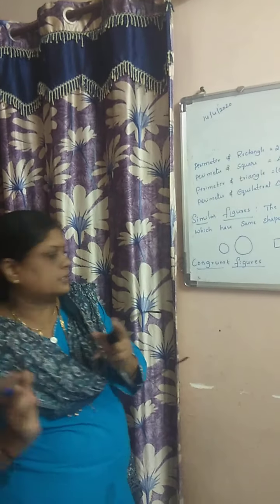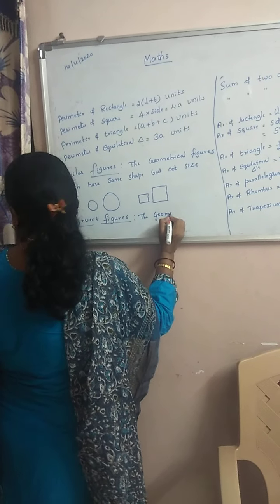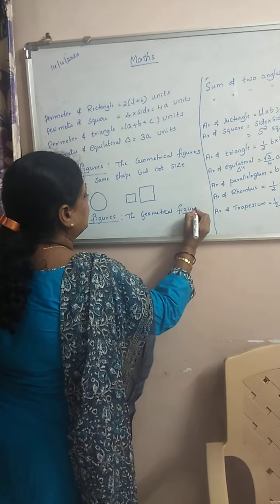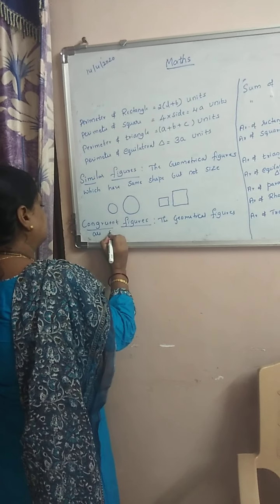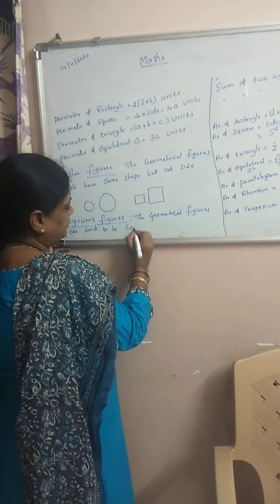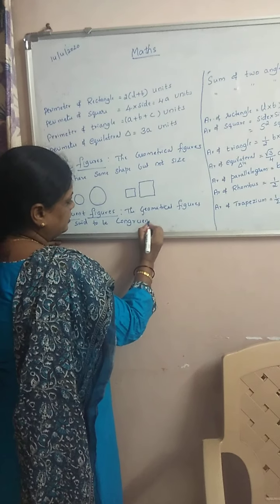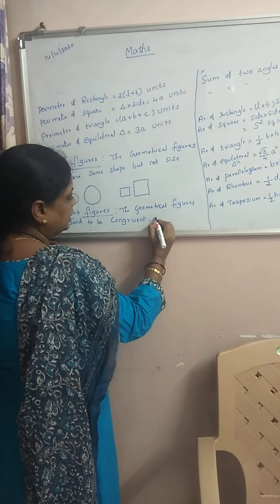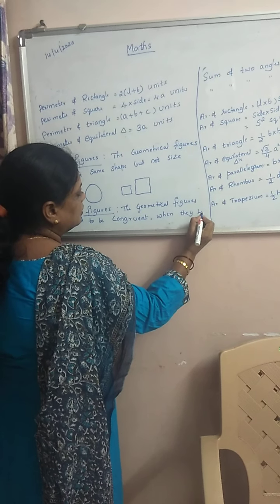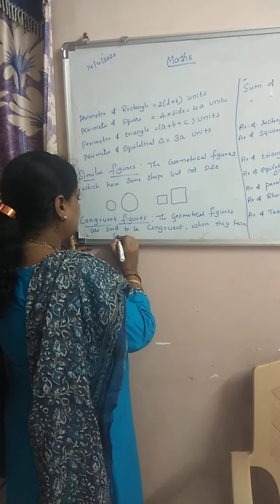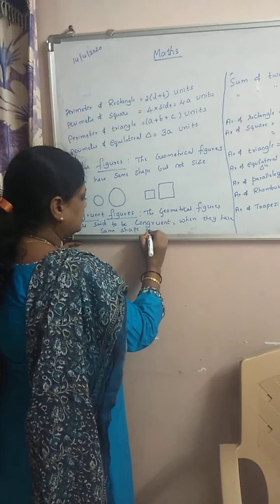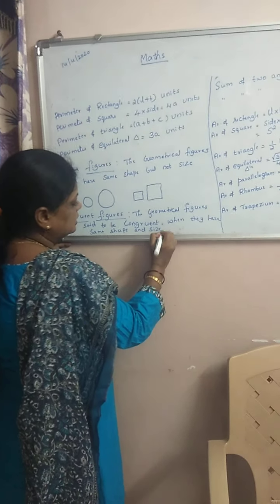The geometrical figures are said to be congruent when they have same shape and size. I will explain with this example.